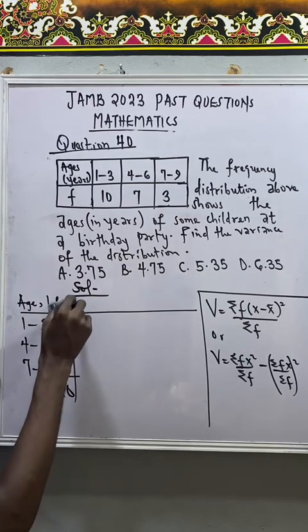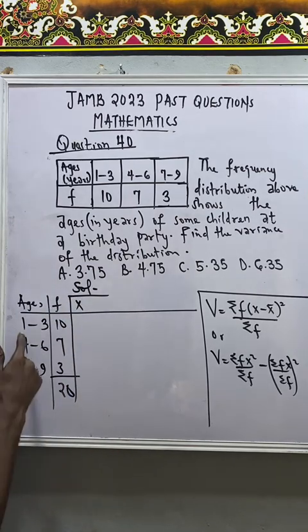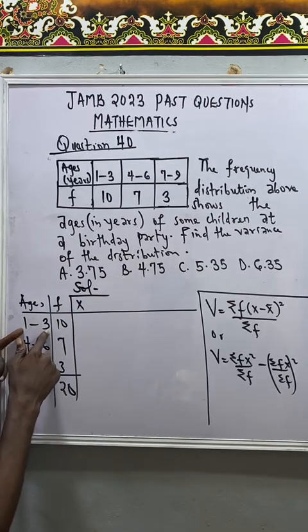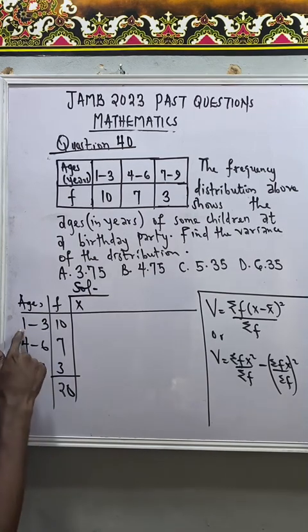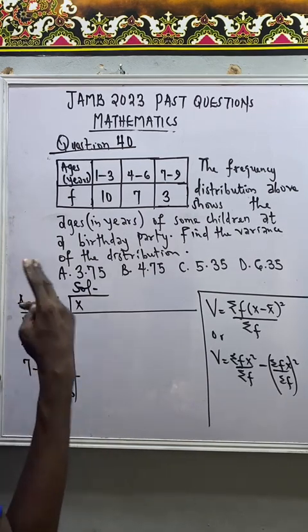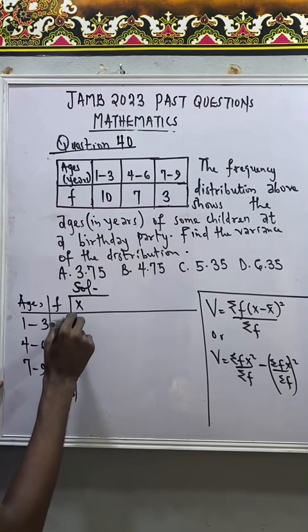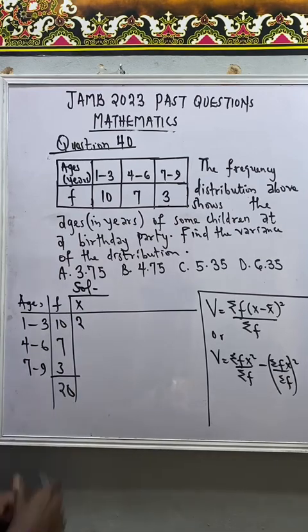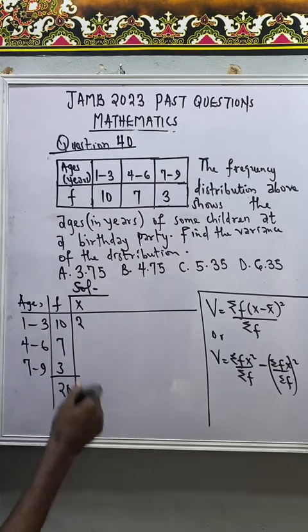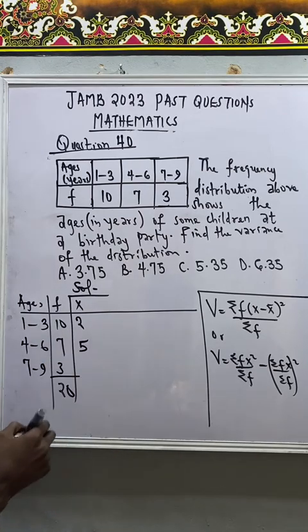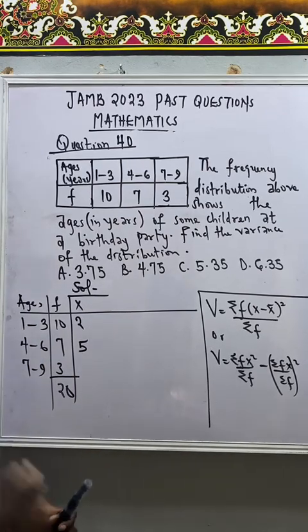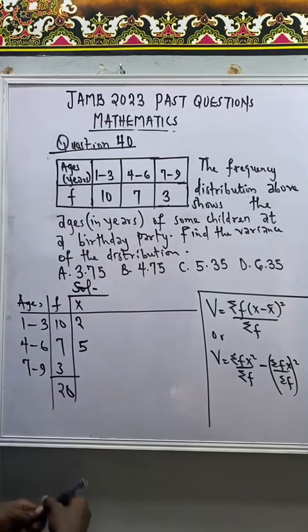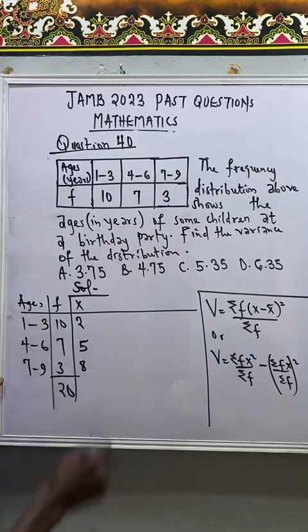How do we compute that? We add the lower limit plus the upper limit and divide by 2. That's 1 plus 3, that's 4. 4 divided by 2, I will have 2. The second class, 4 plus 6, I have 10. 10 divided by 2, I have 5. 7 plus 9, that's 16. 16 divided by 2, that will give me 8.